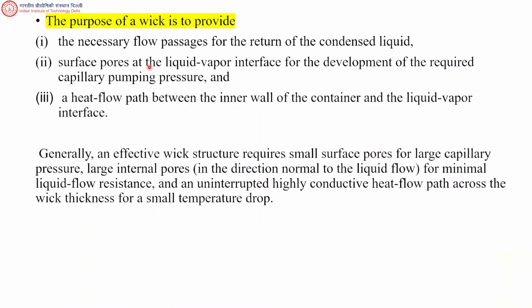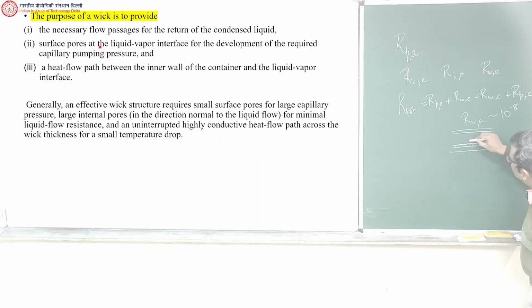Let's say this part is the wick. So it has got some surface pores and some internal pores also, obviously. The surface pores have to ensure that there is proper generation of capillary pressure.